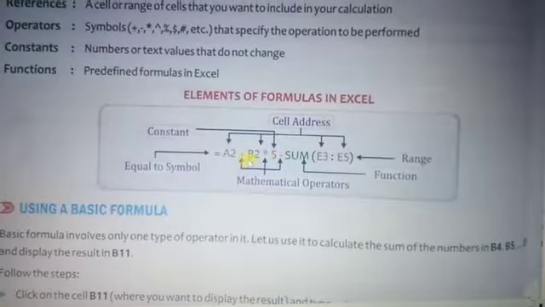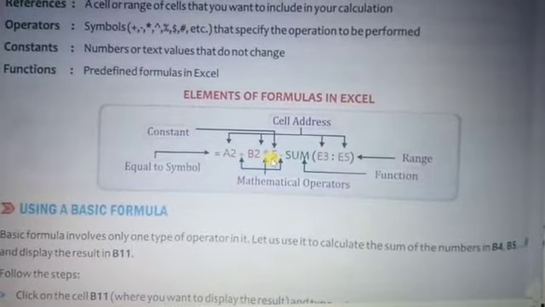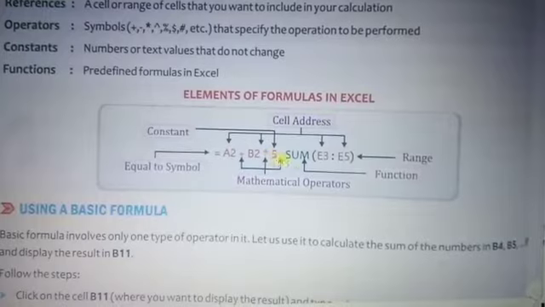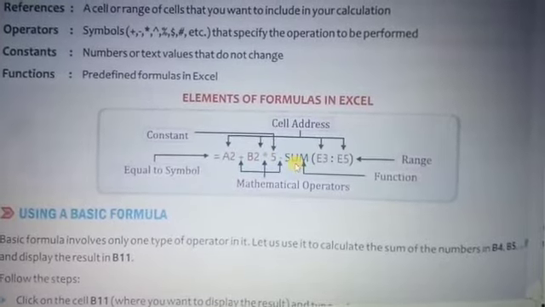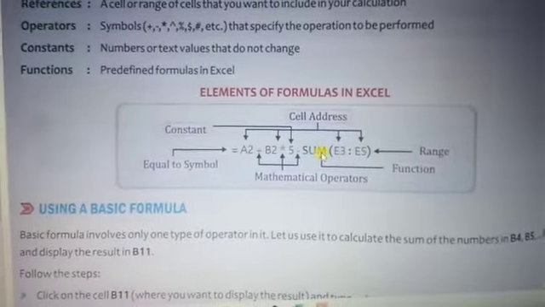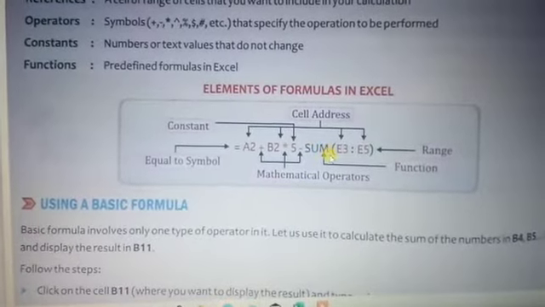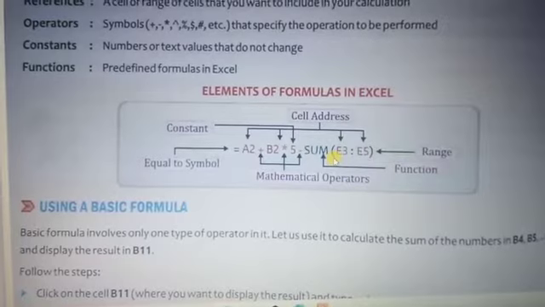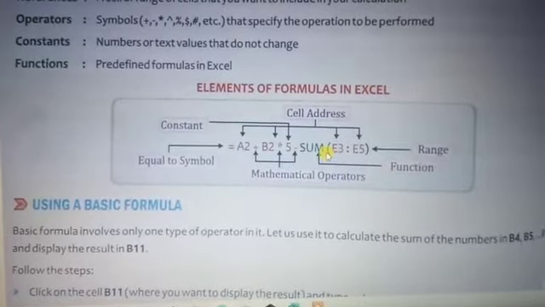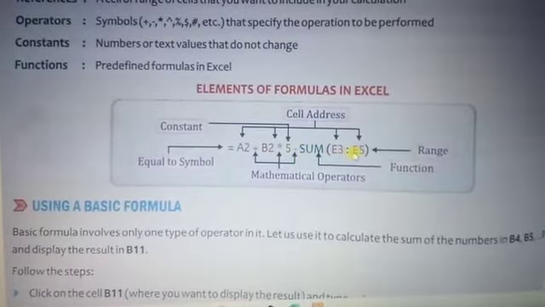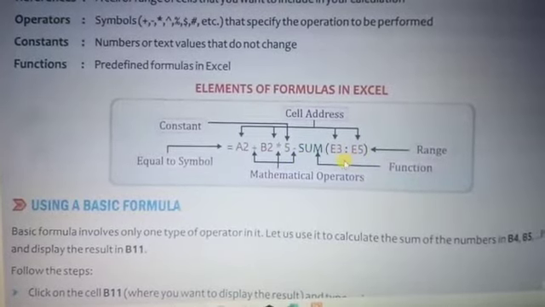That is typically called a formula because it is written by the user. The second part contains the SUM function, which is inbuilt. That is called a function because it is also a type of formula, but it comes from the Excel side. After all, by pressing the enter key we get the output.